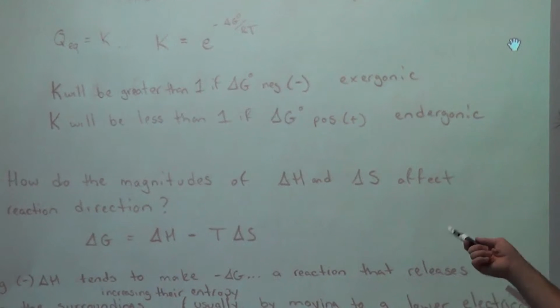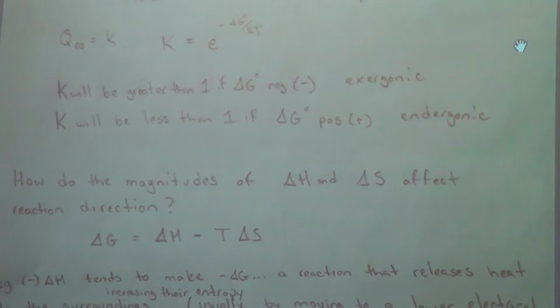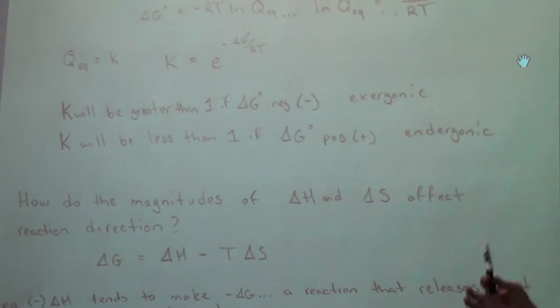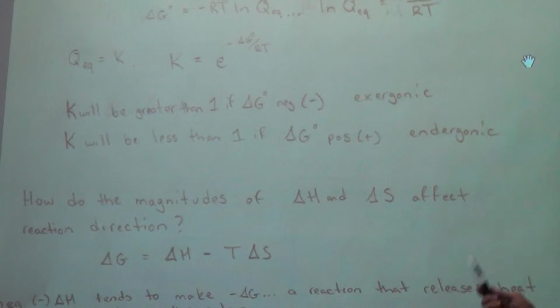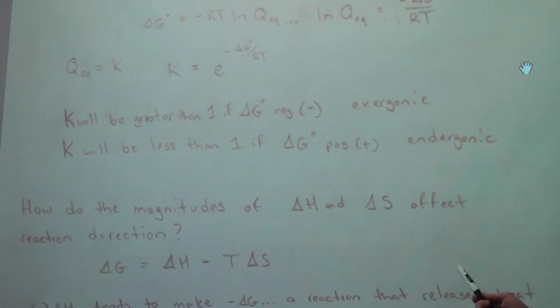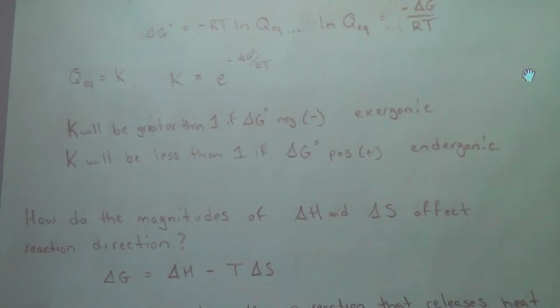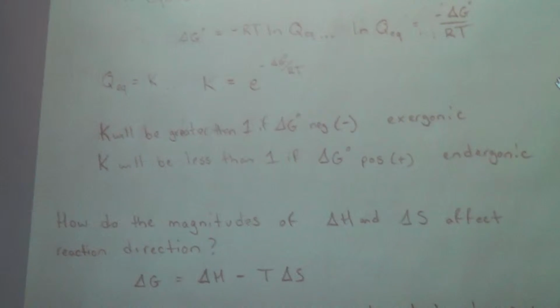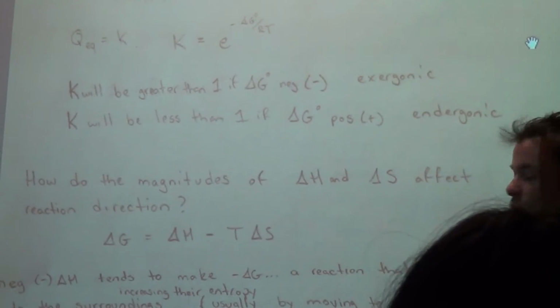And if delta G is positive, then that's a negative on that exponential, and so K is going to be less than 1. So a reaction that has a positive delta G doesn't proceed spontaneously, and so there are more reactants than products. So K is going to be less than 1 if delta G is positive. An important thought.